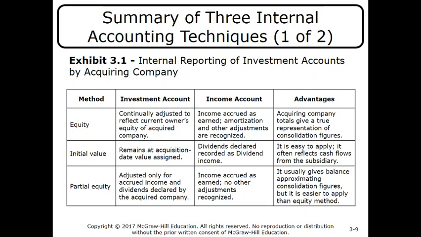If they want to have something less than that, they might have their own performance measures. They probably would want to go with something that is going to create less of a problem when it comes to consolidation. Now, we're going to concentrate on the equity method.